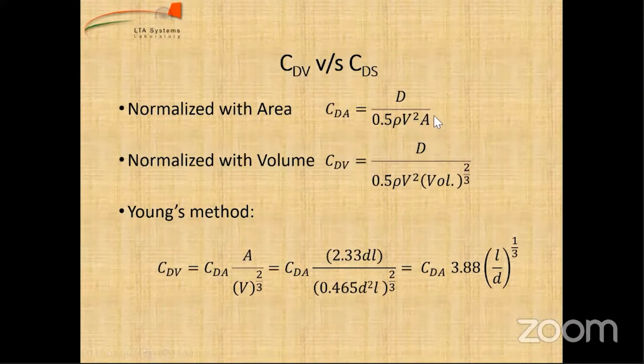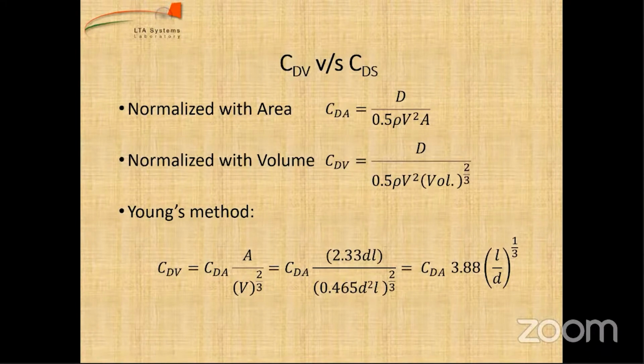The area we take as the planform area of the aircraft, B into C or B into C bar, whatever it is. We normalize this value with no dimensions, and we get a parameter called the coefficient of drag normalized with area, or simply speaking, the drag coefficient.